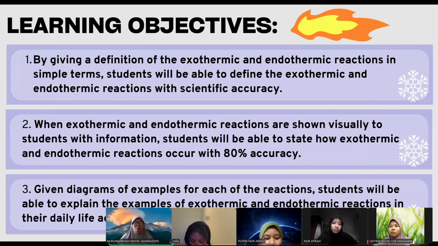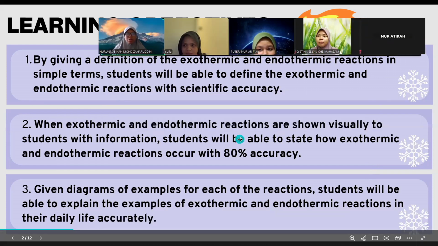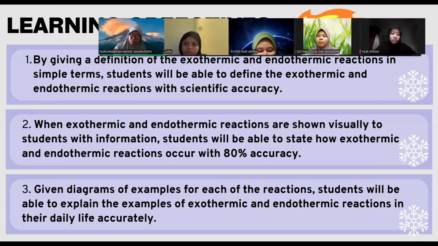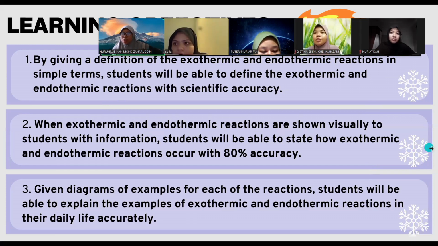Second, when exothermic and endothermic reactions are shown visually to students with information, students will be able to state how exothermic and endothermic reactions occur with 80% accuracy. And the last one: given diagrams of examples for each of the reactions, students will be able to explain the examples of exothermic and endothermic reactions in their daily life accurately. Okay, so far so good? Yeah, good, teacher.